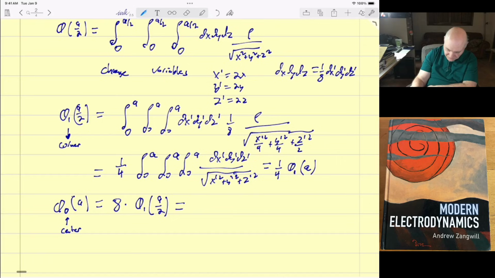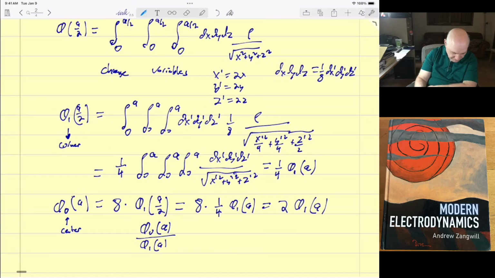And the potential at the corner of a over 2 is 1/4 of the potential at the corner of a cube of size a. So this is equal to 2 times phi at the corner of size a. So this leaves phi at the center of size a over phi at the corner of size a equals 2. That's the answer to our problem.